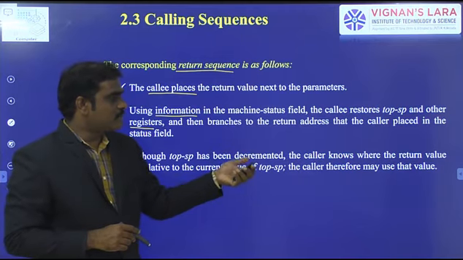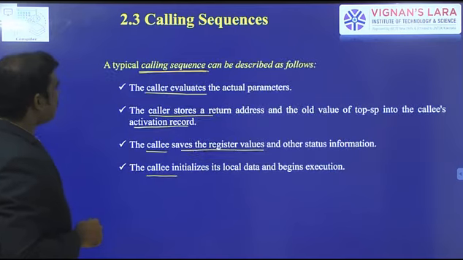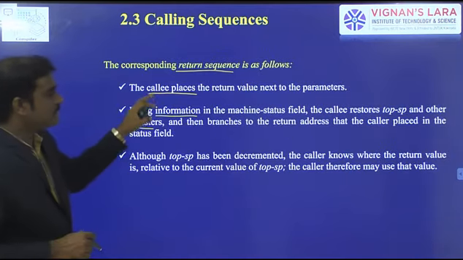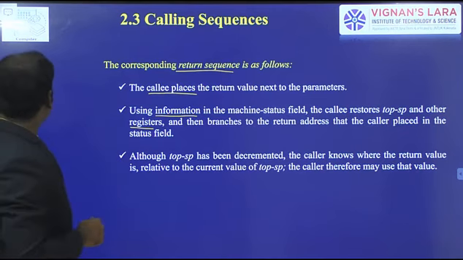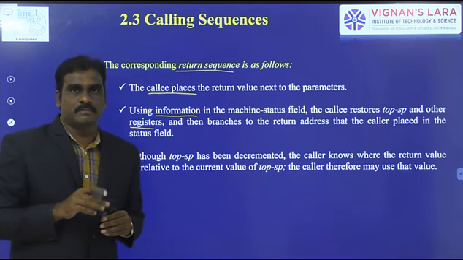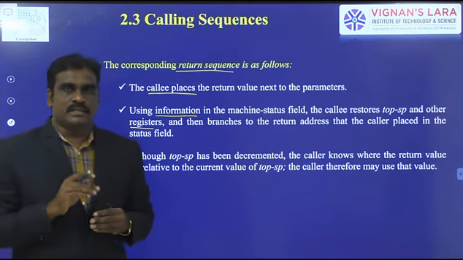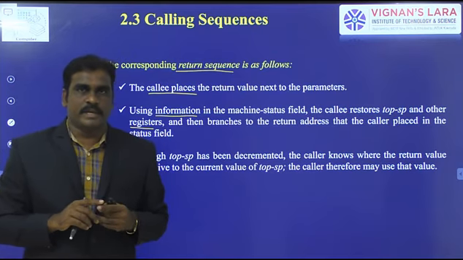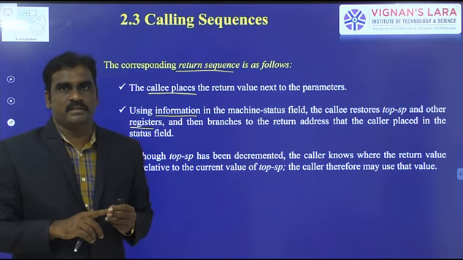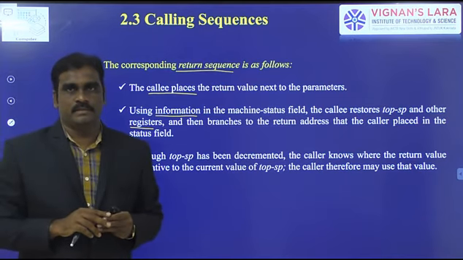The caller therefore may use that value. So these are the calling sequences and return sequences. In this way, we can allocate the space in stack allocation. In stack allocation, first we discussed the activation tree, the second one is the activation record, and the third one is calling sequences.